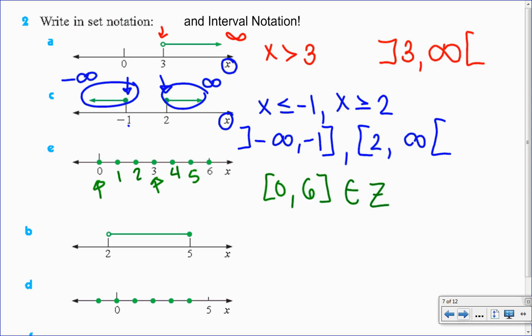So that's Z in our number sets. Or we can say x is between 0 and 6, and it's an element of the integers. You could even put x such that.